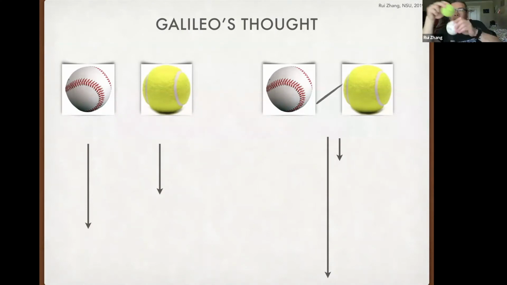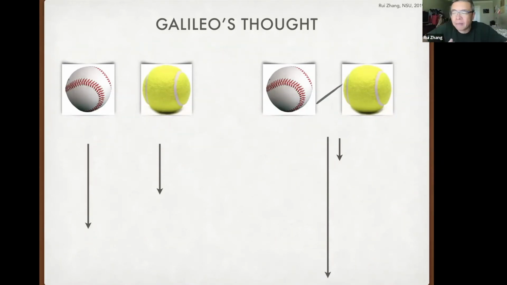So the whole thing is going to fall slower than the baseball, although it's going to fall faster than the tennis ball. It seems they're going to fall at a rate in the middle. So they should fall slower than the baseball because the tennis ball is dragging it back. But this gives you a contradiction, because based on Aristotle's argument, it's heavier, so they should go faster.